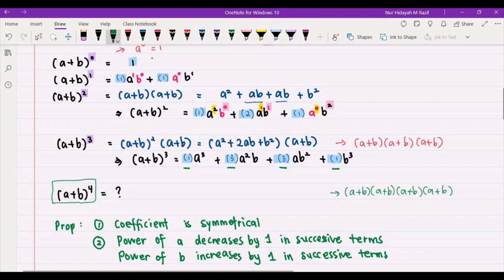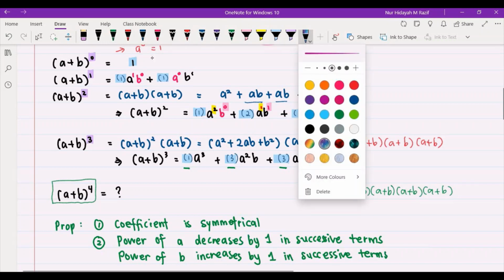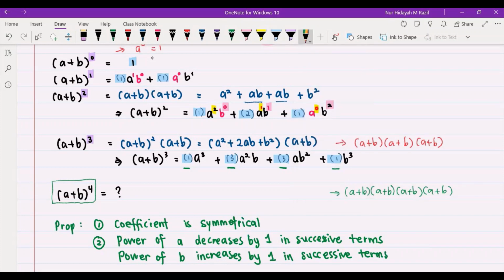Now let's take a look at the third property that we can get from our examples. I'm going to use a different colored pen, the rainbow one. If you take a look here, for this line, the total degree of a and b is equal to n. Whatever n I have here is equal to the sum of the degrees of a and b.